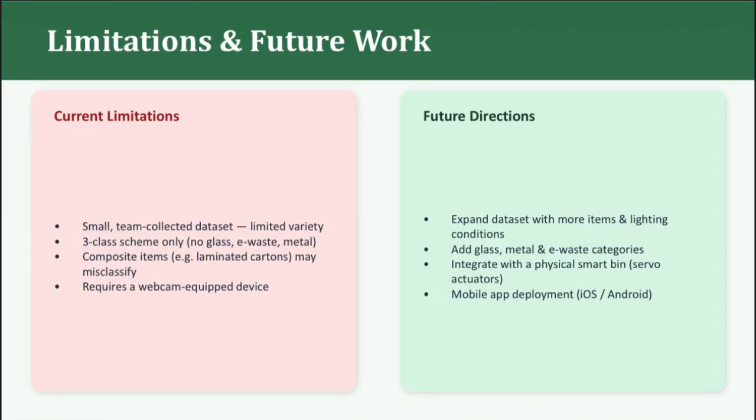Next, I would like to talk about the limitations and future work for our project. The current limitations are that we have a small team-collected dataset with limited variety. Next, we also have a 3-class scheme only. We have no glass, e-waste, or metal. We also do not have composite items such as laminated cartons.